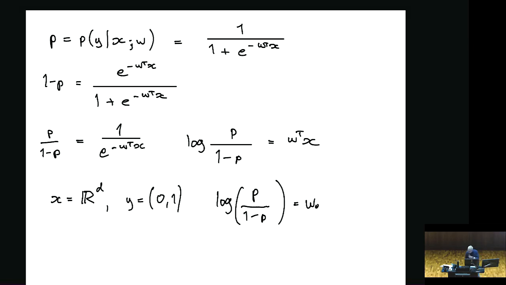No, sorry, it should be the closed interval 0, 1. Then log p over 1 minus p is going to be like this, right? Just our expanded dot product form: the sum over j from 1 to D of w_j x_j, so the components of the vector.